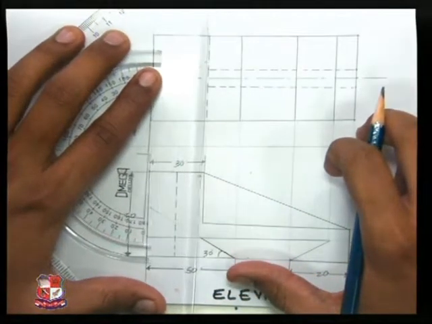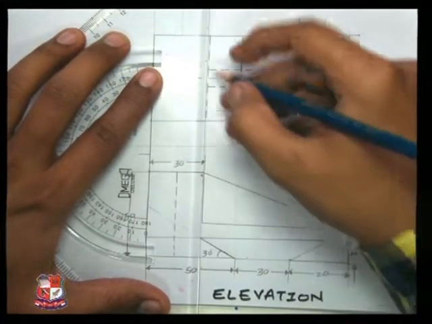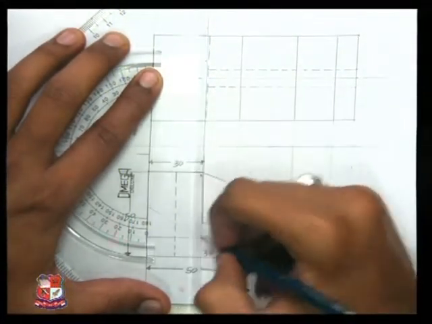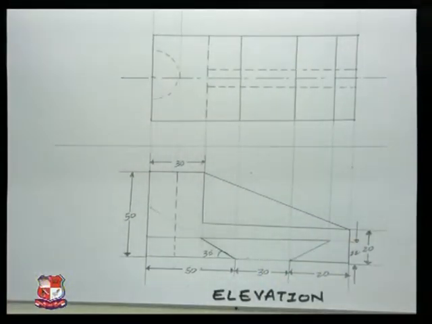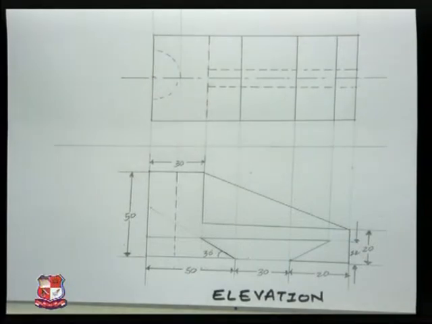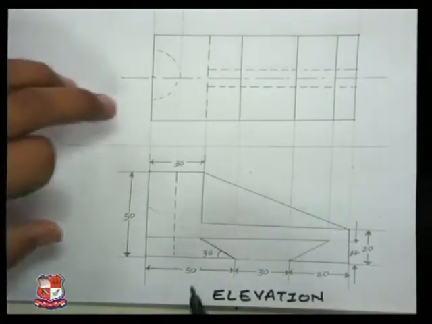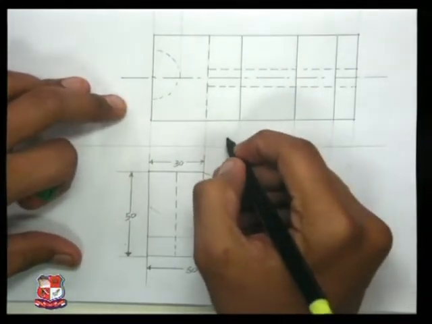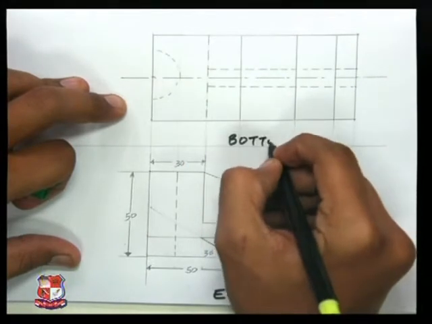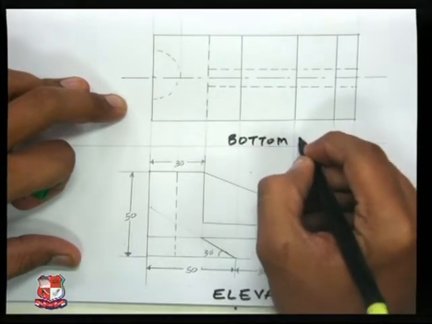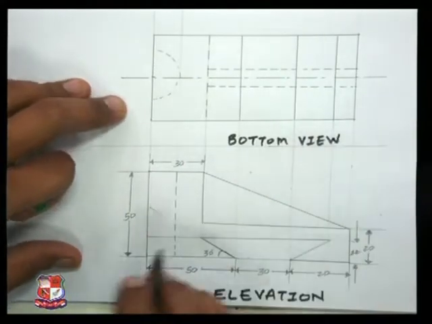Make sure that you are mentioning the proper projection lines. So this is how your bottom view can be seen. Don't forget to mention the view name. It is bottom view.